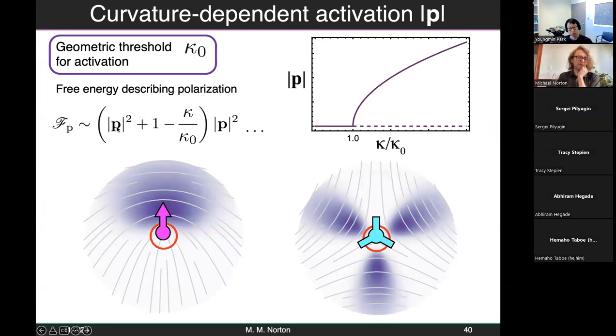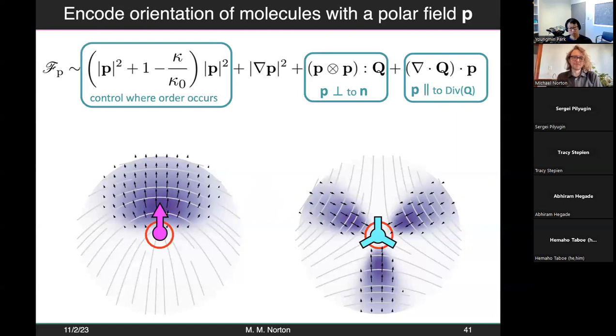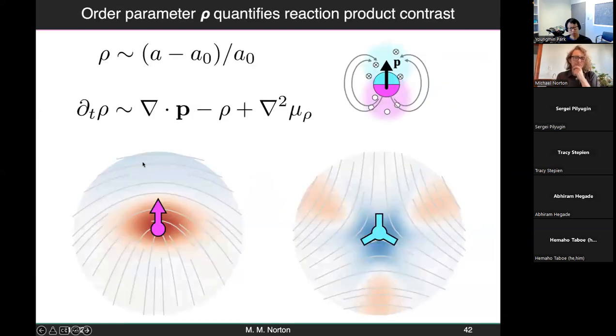So P here is the orientation of these molecules that are embedded in the nematic. And we're only creating that polar order where there's deformation. So it's dark purple where you have high bend. We make up some rules about how the orientation should occur relative to Q. And then we borrow from electrostatics this idea of a polarization charge density, right?